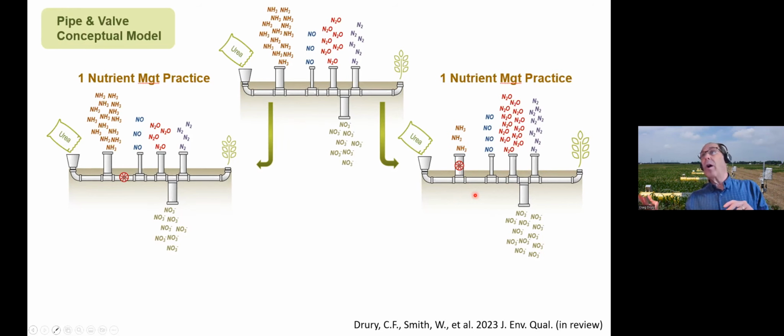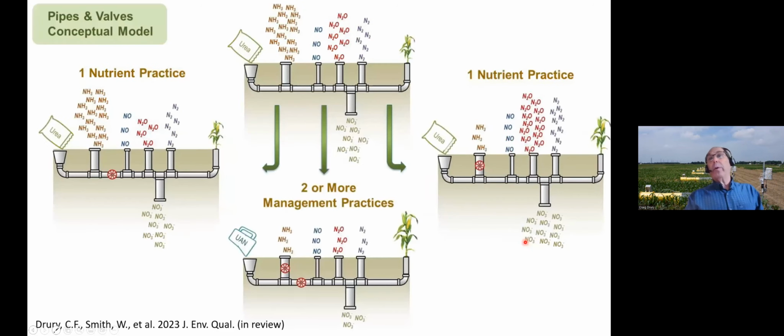We've decreased one loss, and like a pipe with a lot of holes, it'll come out another hole, or even more nitrate leaching. So what we really want to do is look at a combination of practices, and there are many practices we could put together that not only decrease ammonium loss, but also some of the other gases.